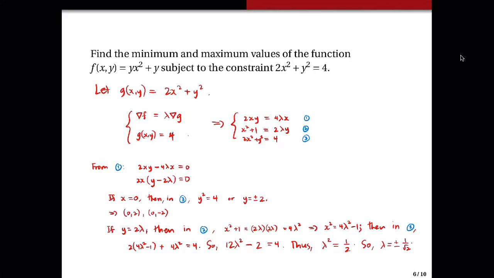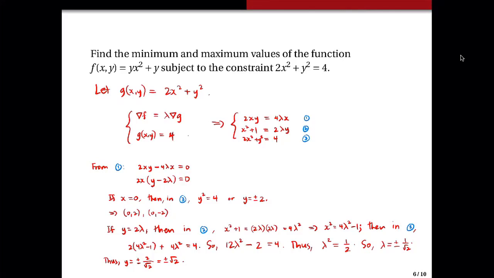So if lambda equals plus or minus 1 over square root of 2, the value of y will be plus or minus 2 over square root of 2. This is simply square root of 2, correct? So plus or minus square root of 2.